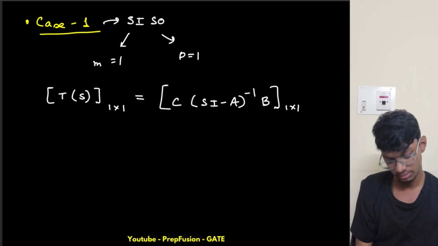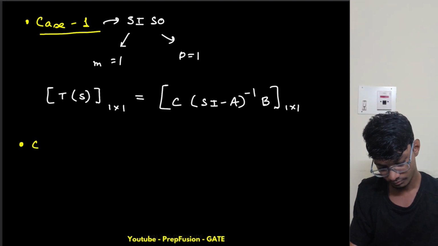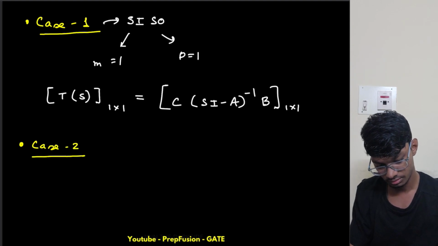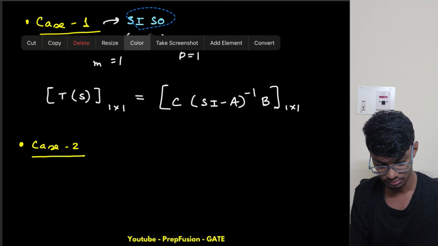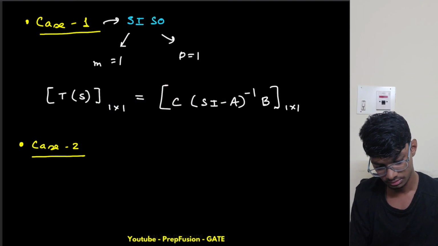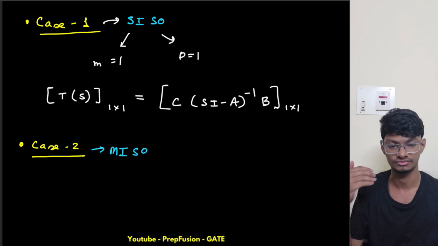Now, if I have multiple input and single output, how will my transfer function look?